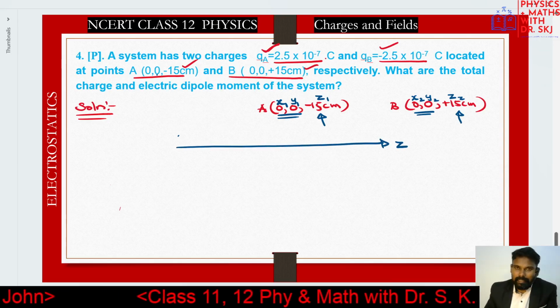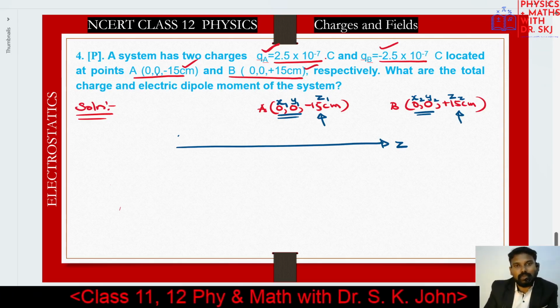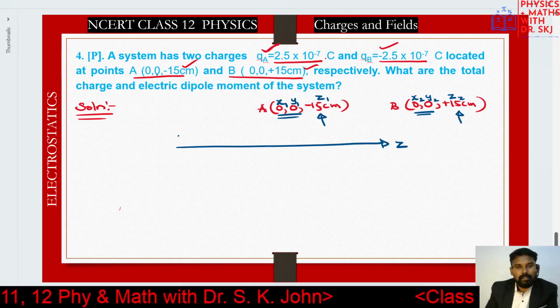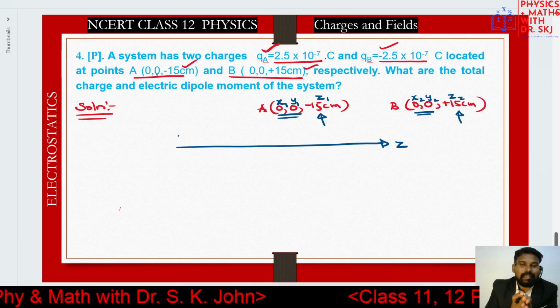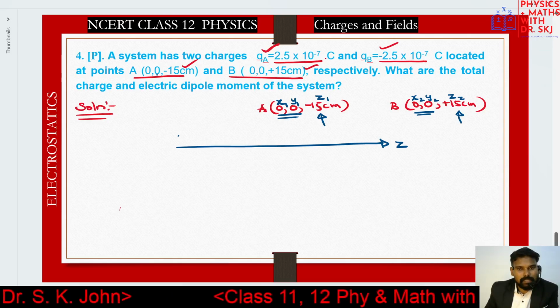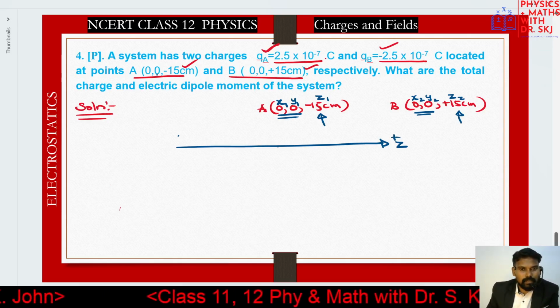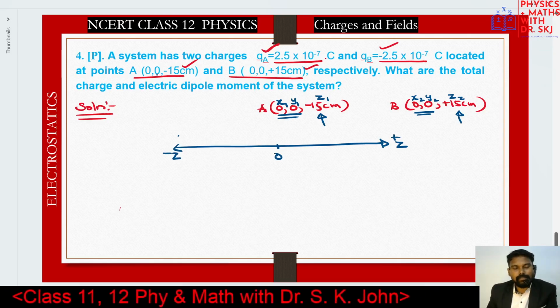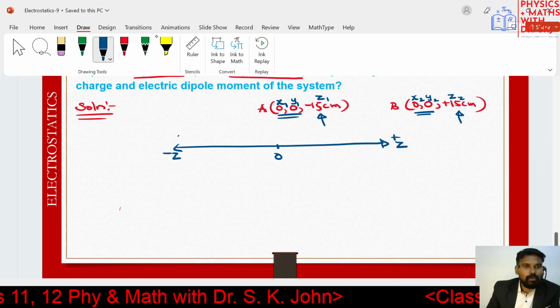I'm drawing the z axis like this. If there is only one axis, you can draw it in any direction, no problem. Here I'm not considering x or y, so I am drawing the z axis like this. This is plus z, and this is 0, and this is minus z.